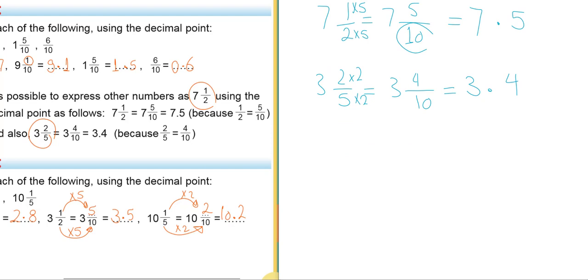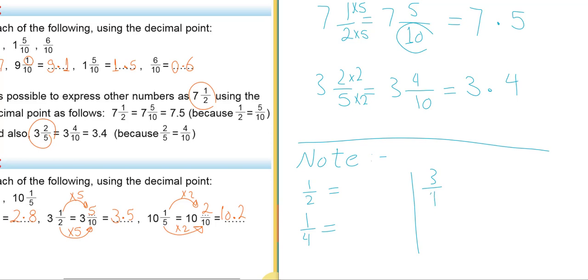Note that half, quarter, equal what as decimal, and 3 over 4 or 3 quarter. Half equals 0.5. Quarter equals 0.25.